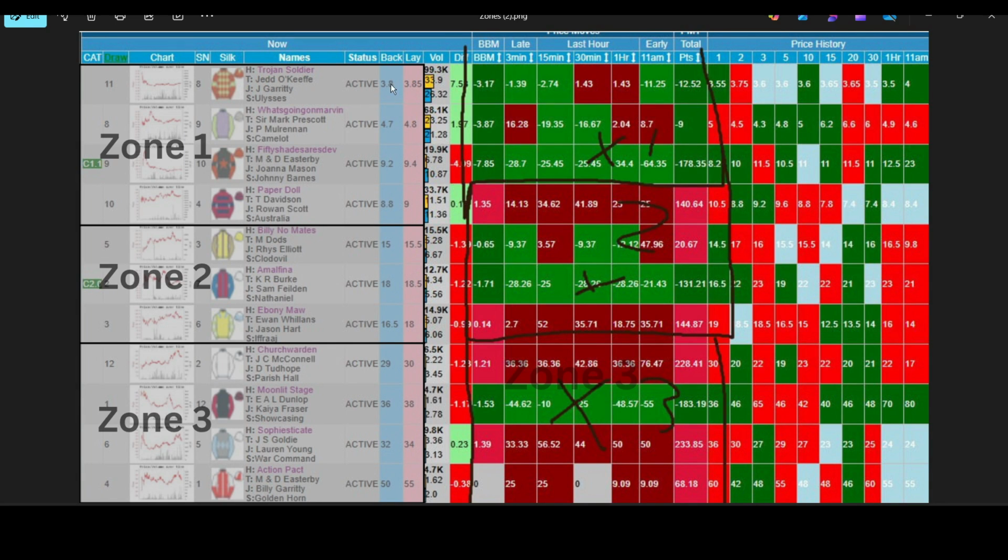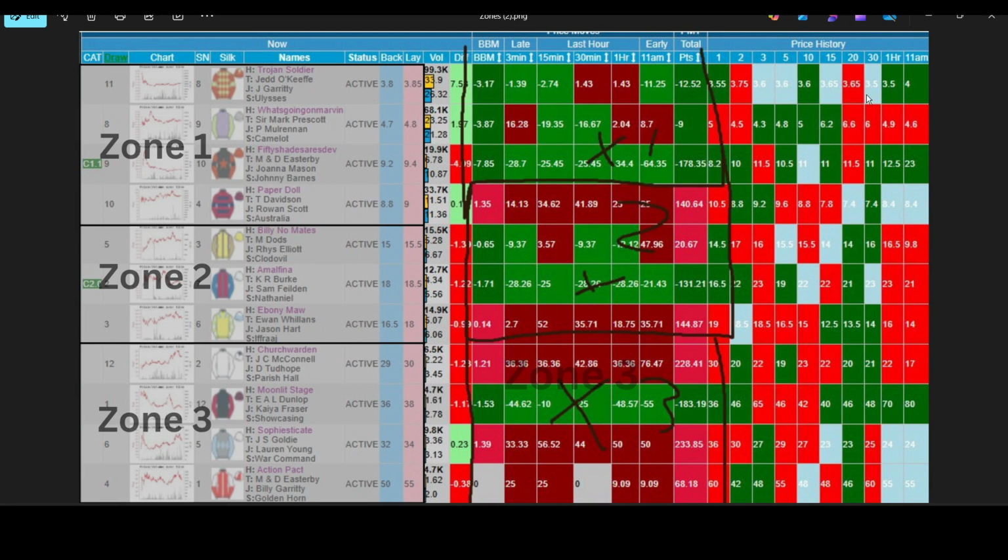If we take the current favourite here, we can see that he opened up at 11 AM at 4.0, and his price came in during the day and then drifted back out. About an hour out his price started to drift and then came back in slightly, and you can see his odds are 3.8 currently, just before the off.